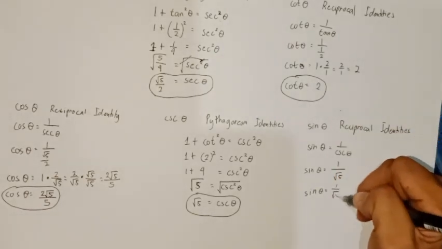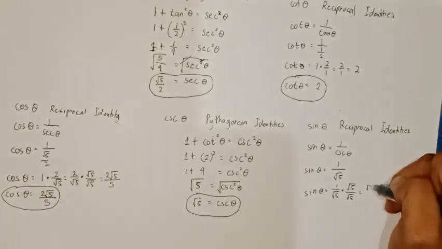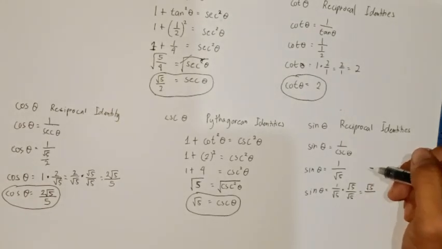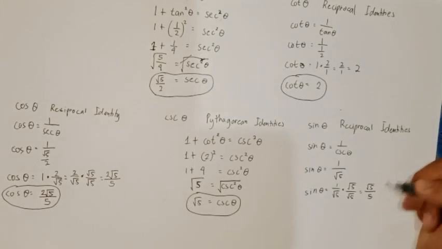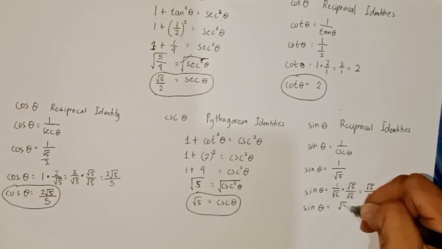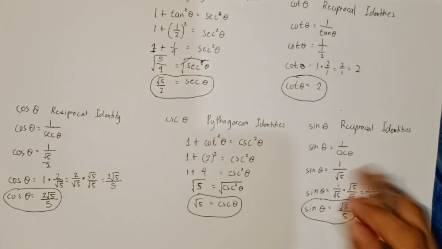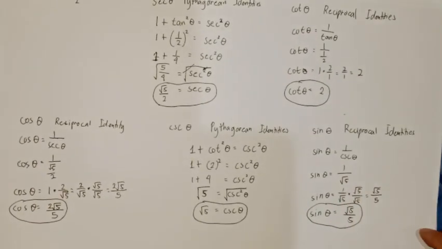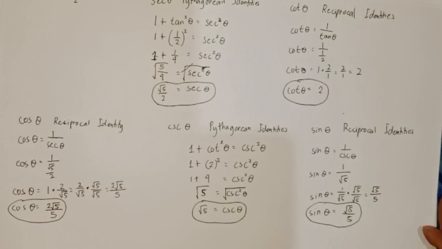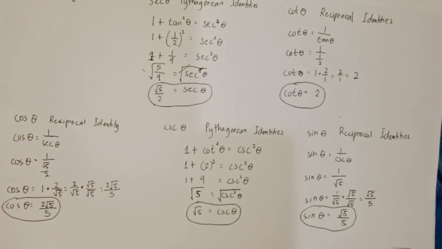We need to rationalize it. So 1 times square root of 5 over square root of 5 times square root of 5, which is square root of 25. Square root of 25 is equal to 5. So sine theta is equal to square root of 5 over 5. This is now our sine theta. Finally, we found the value of the remaining trigonometric functions of acute angle theta.